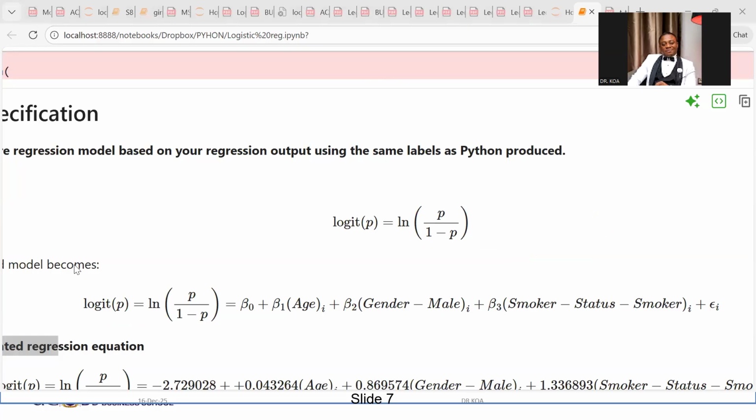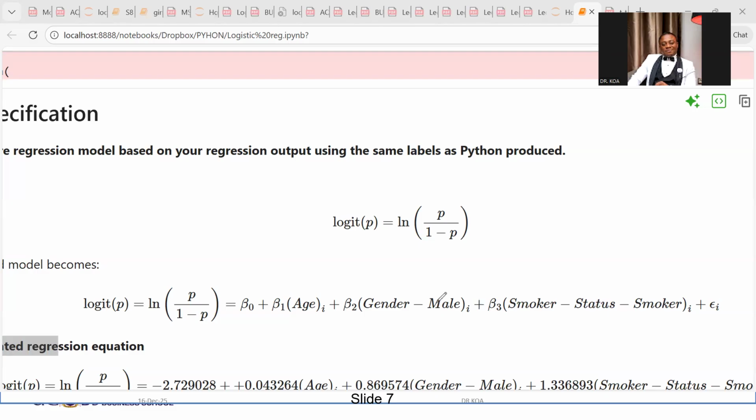Okay, so now beta 1 is a coefficient for age. Beta 2 is a coefficient for gender male. Now here I couldn't use an underscore. The reason is because I'm writing in Markdown, Jupyter Markdown, and when you use an underscore, Markdown recognizes it like a formula. That's why I use the minus to make it visible.